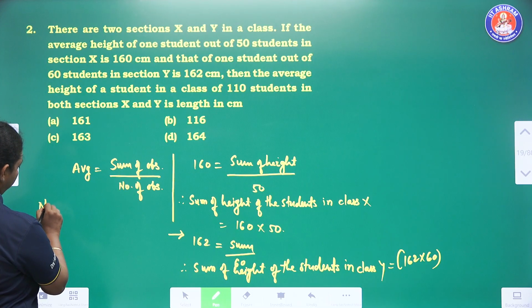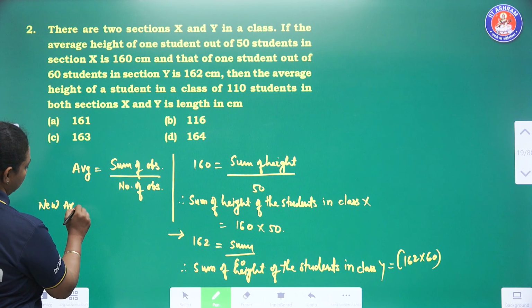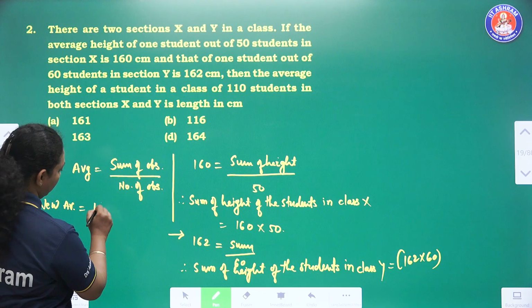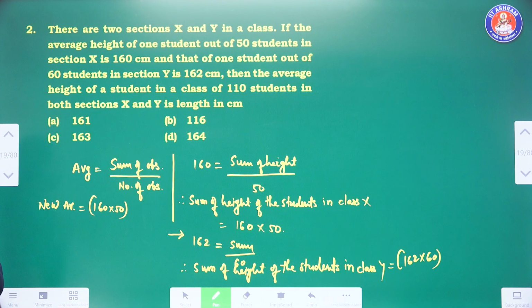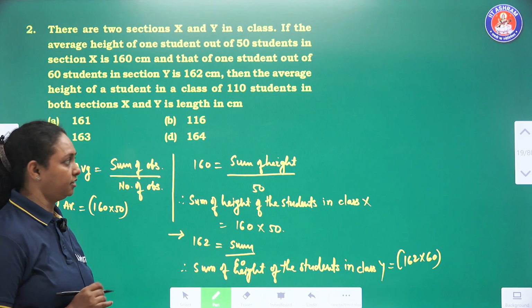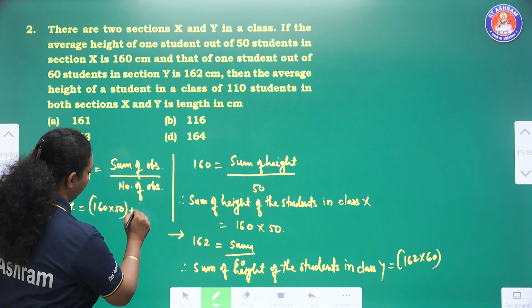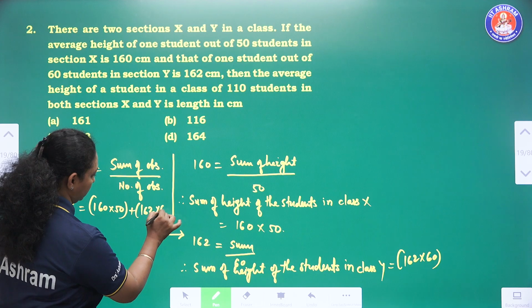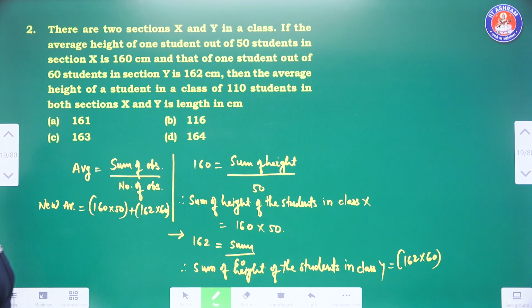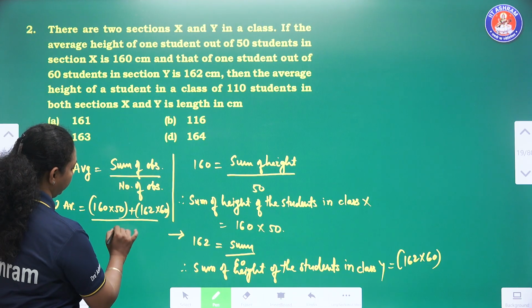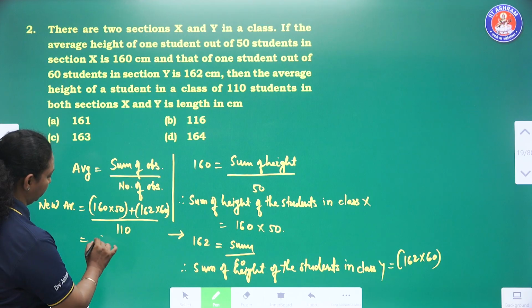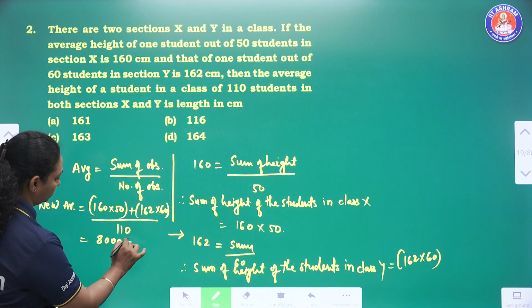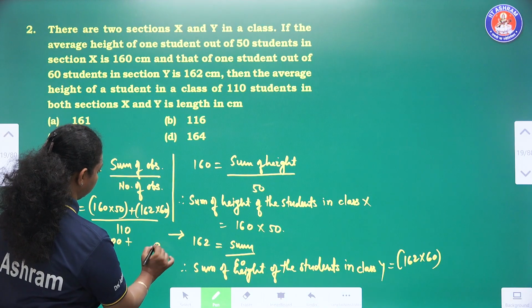we can write new average is equal to 160 into 50, because that is the sum of the heights of the students who are studying in section X, and 162 into 60, that is the sum of heights of the students who are studying in class Y, divided by 110. So if we solve this, it is equal to 8000 plus 162 into 6.